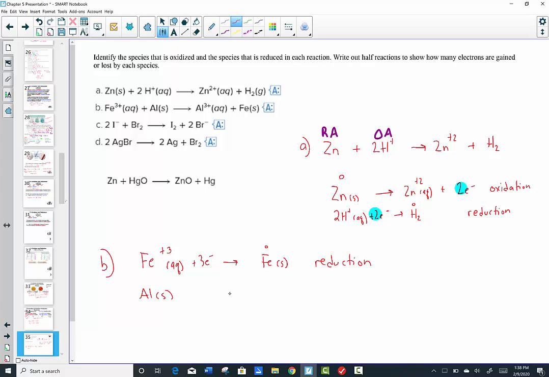Started as a solid and went to an aqueous ion of a plus 3 charge. To do that, it lost 3 electrons. We want to keep the charges balanced, so that's an oxidation process. Notice that a plus 3 and 3 negatives combine to give a 0. So that's what I'm doing. I'm balancing the charge. The aqueous ions will always have the electrons with them.